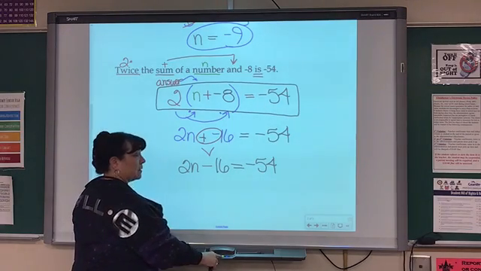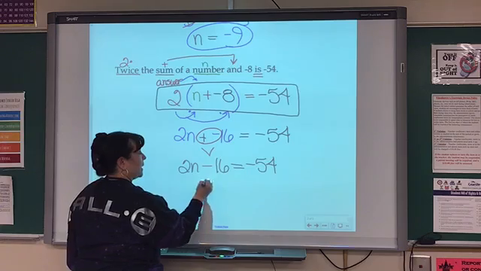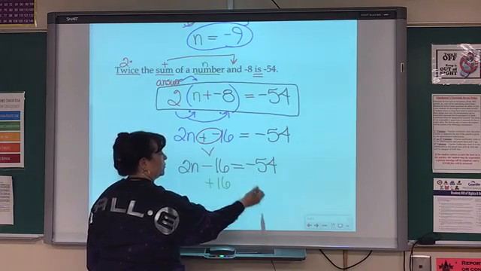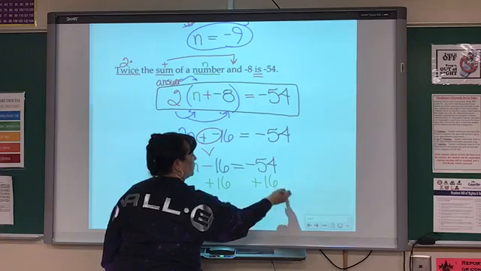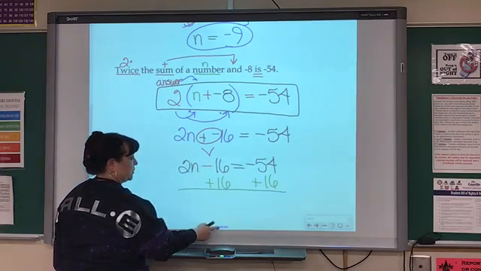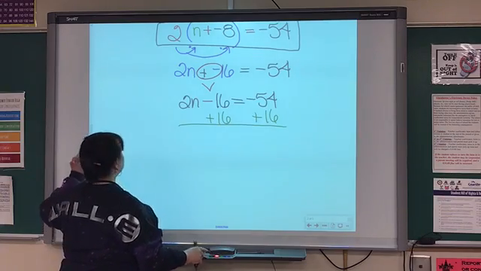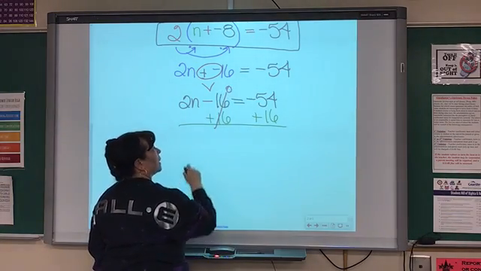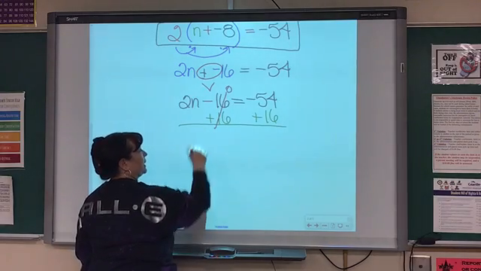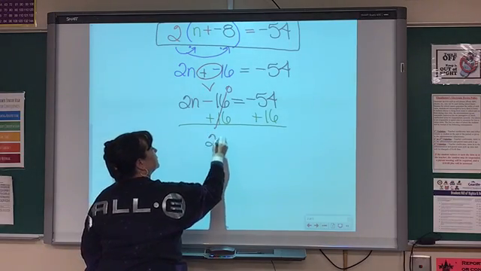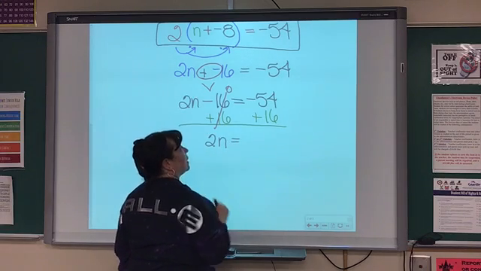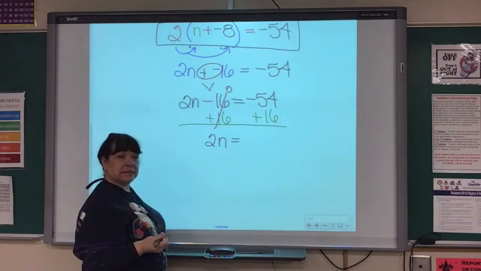We then, really quickly, undo the subtraction so that we eliminate the constant. What we do to one side, we do to the other side of the equation. When I minus 16 and add 16, I'm getting a 0 pair. I'm left with 2n and 0. The identity property of addition tells me that's 2n. Negative 54 adds 16.